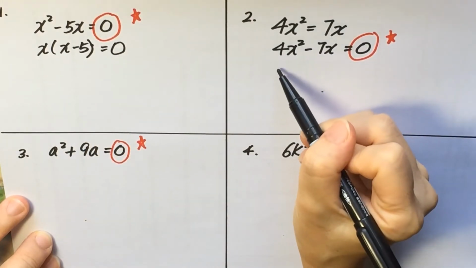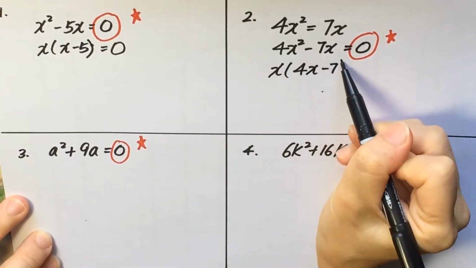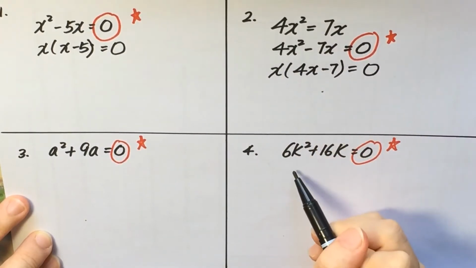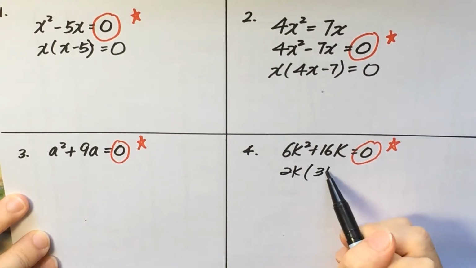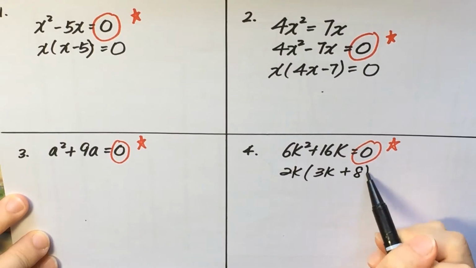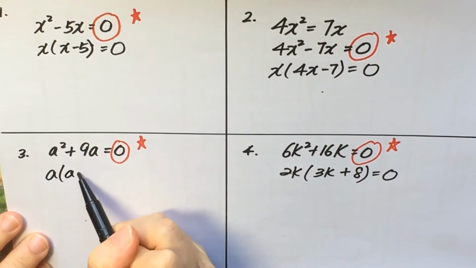Okay, and this one, x is also a common factor, so I have 4x minus 7. Okay, and this one I have 2k as 3k plus 8 equals to 0. And this one, the common factor is a.